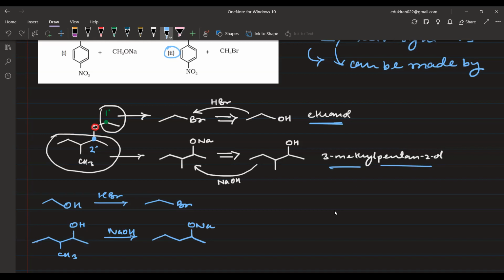I have ONa, and here we will have CH3, and then we are going to react these two in order to form the ether, and here we have CH3. Write this down, let me know when you're done, and then I will start your test.